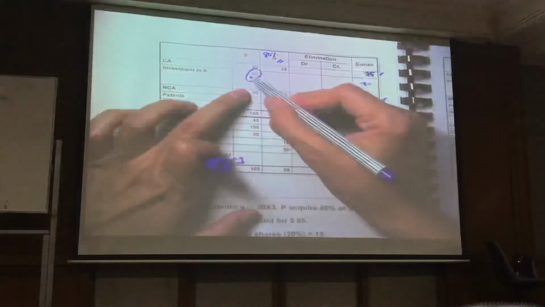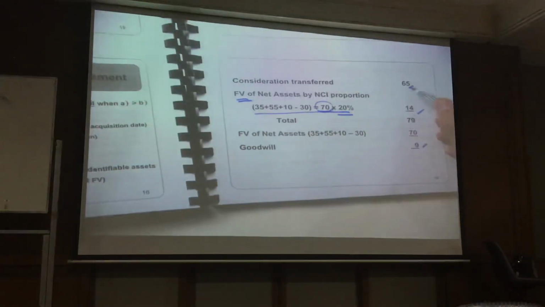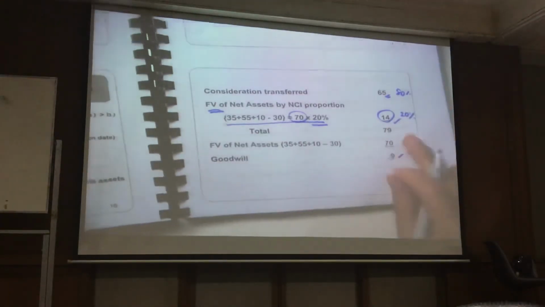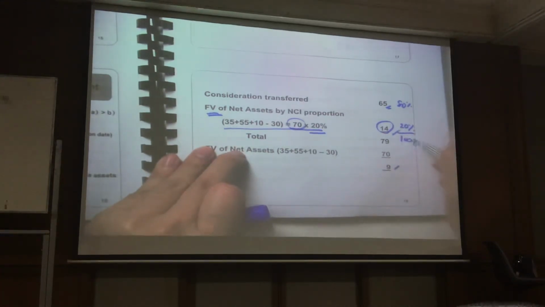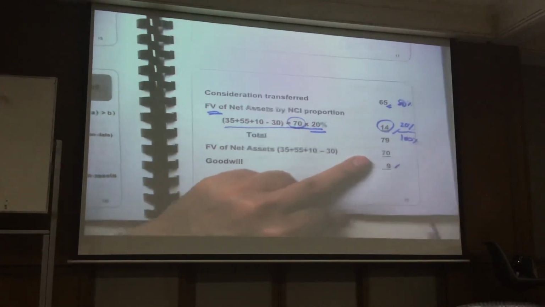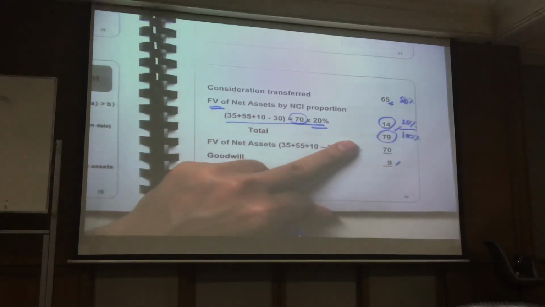Well, but we pay 65, we pay extra. We pay extra for what? You calculated from here already. Consideration transferred 65 plus NCI. This is 80%. This is another 20%. That's why you got 100%. You pay 65 for 80% of the share. Another 20% that you don't buy is worth 14. So altogether, it should be about 79.